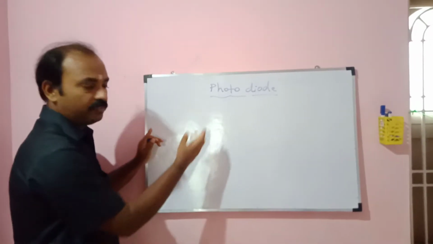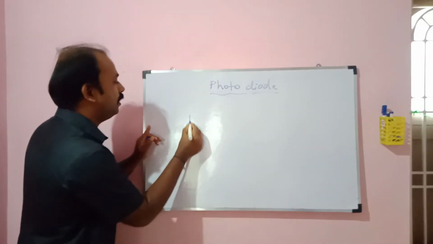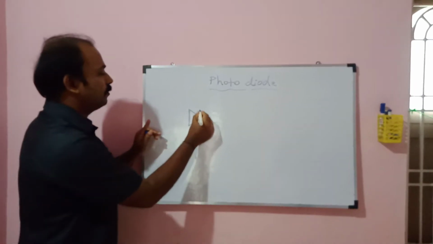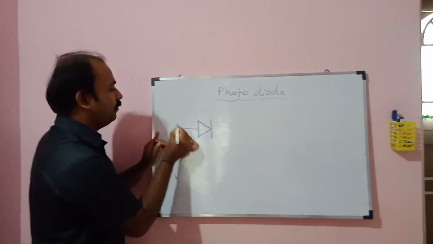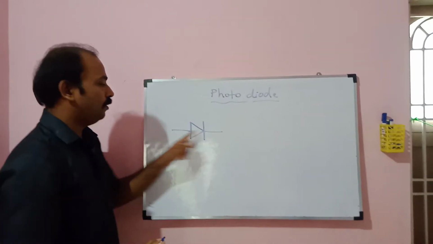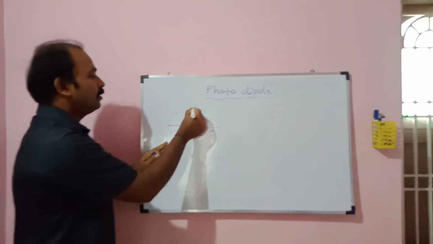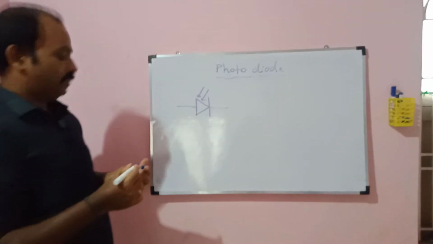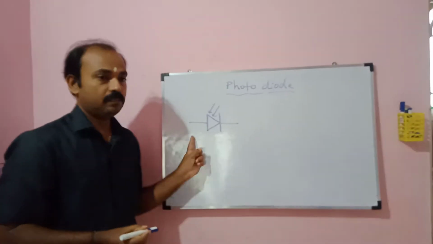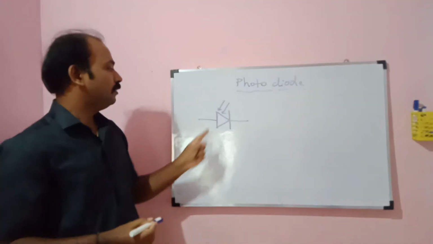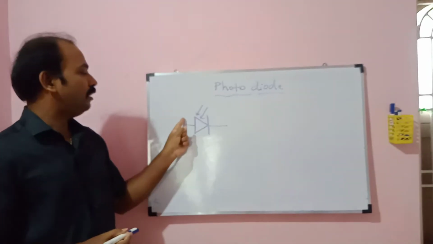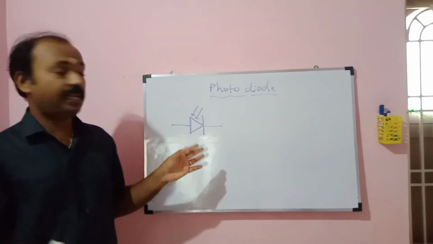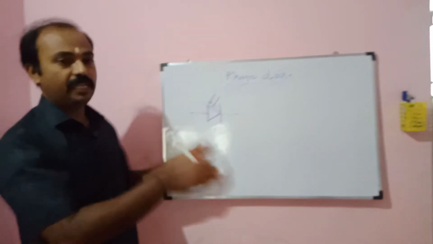Then the symbol of this photodiode is similar to the diode symbol. This is the photodiode symbol, and this is the PN junction diode. A small change: the ordinary diode symbol, in addition, has two or three arrow marks that indicate the fall of light.